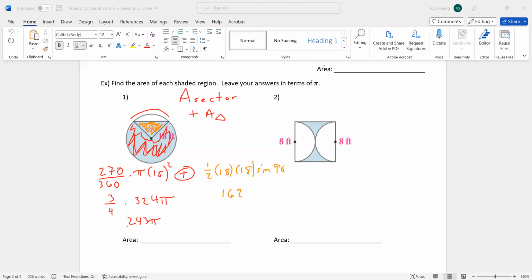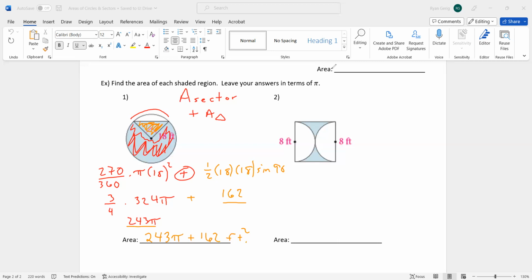So I'm taking 243 plus 162, and it wants it in terms of pi, so that's what I'm going to write. 243 pi plus 162, can't put those together, and that's going to be feet squared. Oops, not feet, 0.2. Back that up, feet squared. There we go.